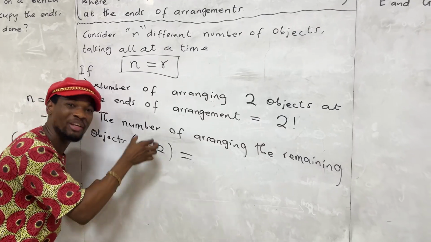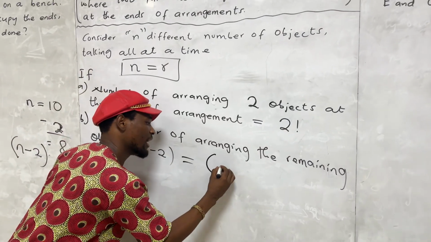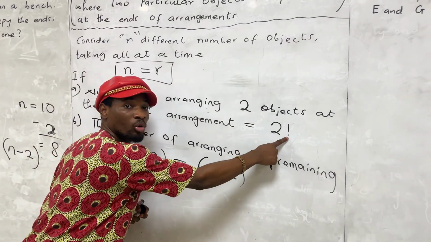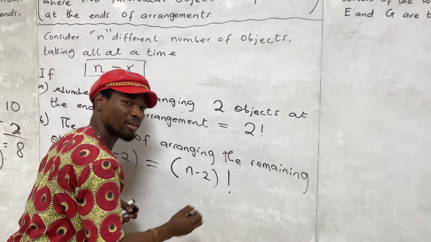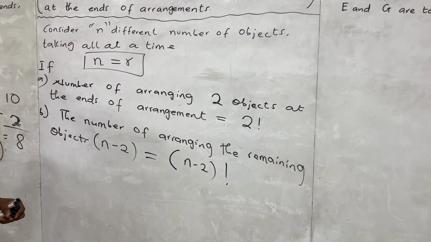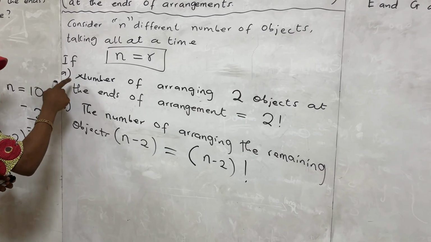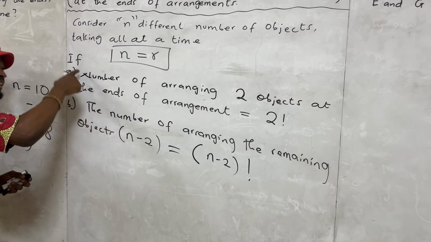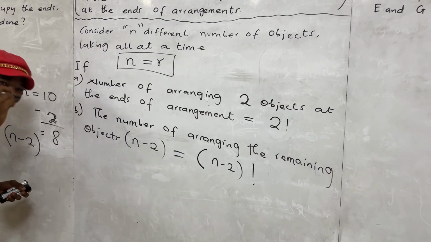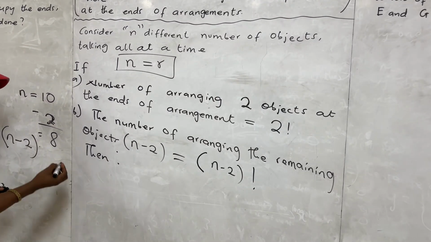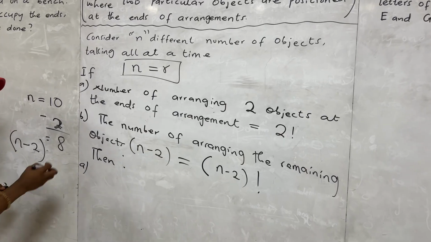You copy and paste it, so I have n minus 2, and you add factorial to this, and then you add factorial to the other. So if this condition is met and if this condition is met, then you say A.